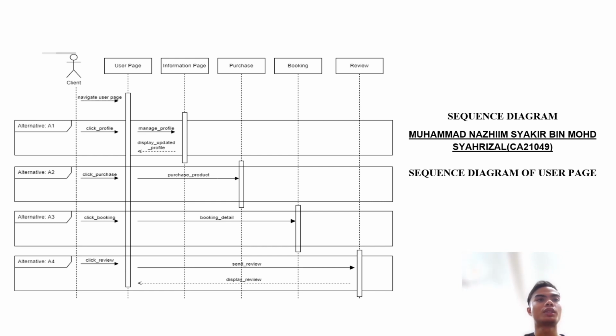In this process, for example, when the client clicks profile, the user page will send the client to the manage profile information page, and the information page will display the updated profile. The same goes for the other options on the page: clicking purchase takes the user to the purchase page, clicking booking takes the user to the booking page, and clicking review takes the user to the review page.